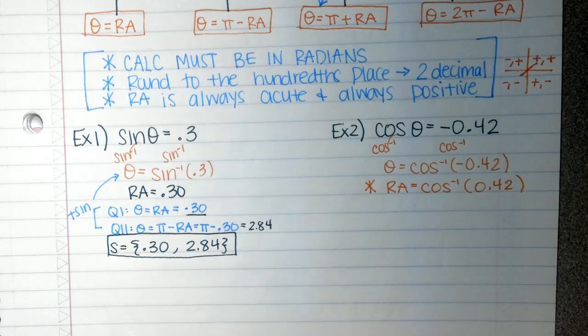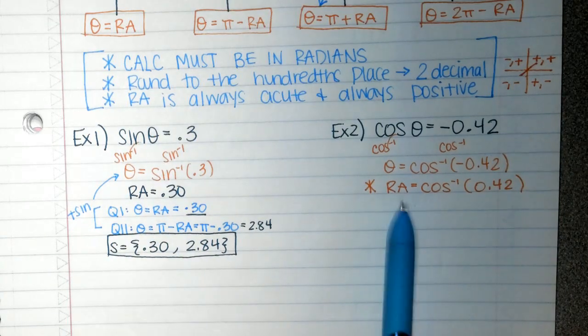It does not give you both values. Does that make sense? By the way, on all of these, we're on the interval of 0 to 2 pi. I forgot to say that. We're on an interval of 0 to 2 pi for all of these. So, just an FYI. Now, that's my RA.